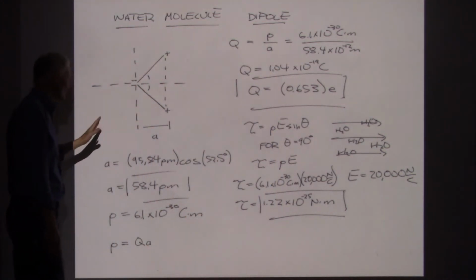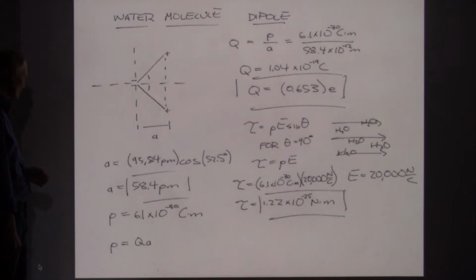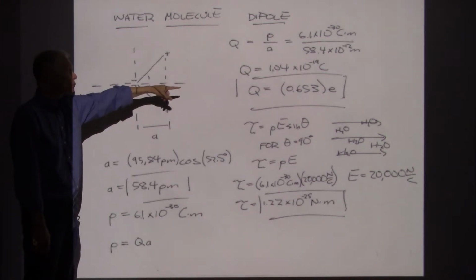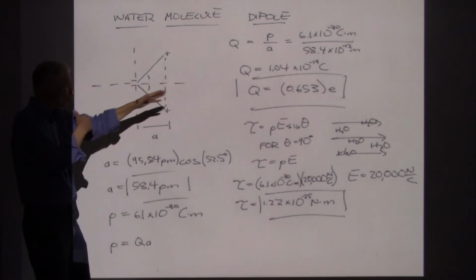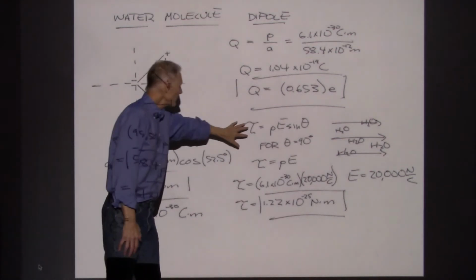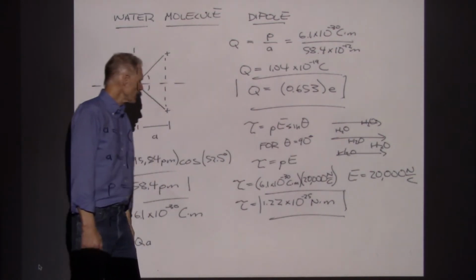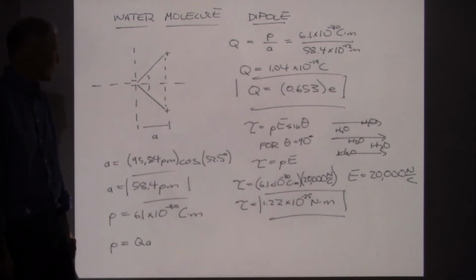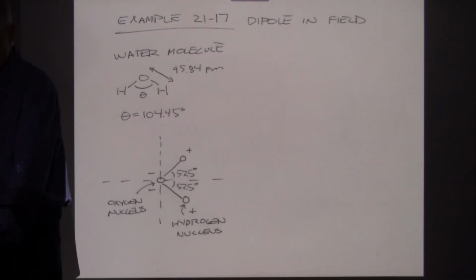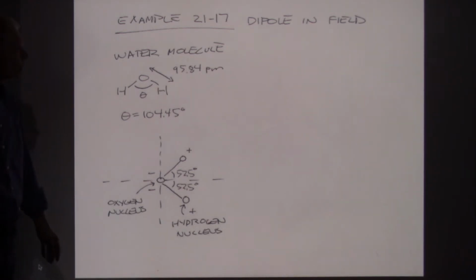And again, we're not so interested in the details of this. We've determined how much charge, effectively, is being separated in the water molecule, and then we can use the formulas for torque. And the torque, you know, it's 10 to the minus 25 newton-meters. Just a chance to use the formulas.